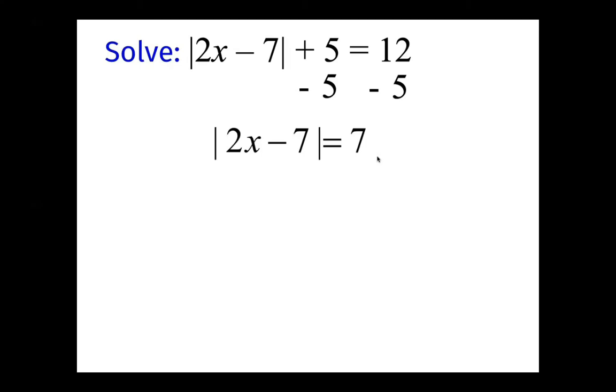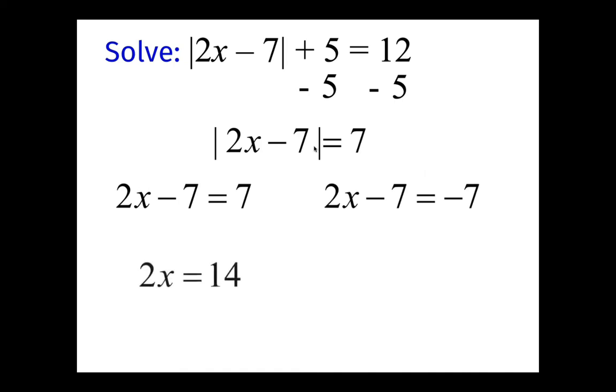And now that you see that you have an absolute value expression set to another value, we can go ahead and set up our two equations set to both the positive and negative value. So 2x minus 7 equals 7, then also 2x minus 7 equals negative 7. Go ahead and carry out your inverse operations.